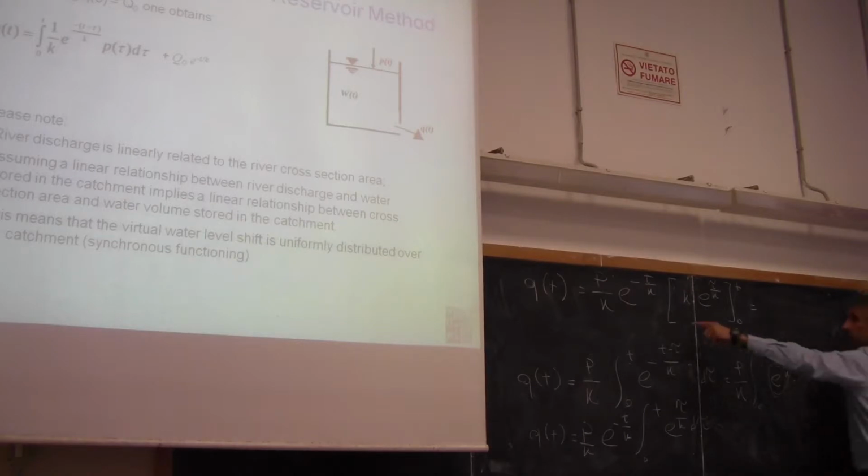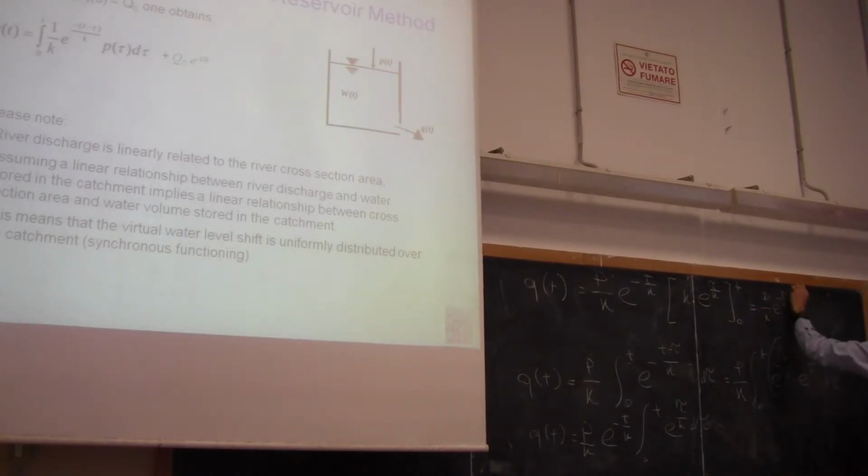And then I can rewrite the first part as it is, P over k, e to the power of minus t over k. And here we have k e to the power of t over k minus k.